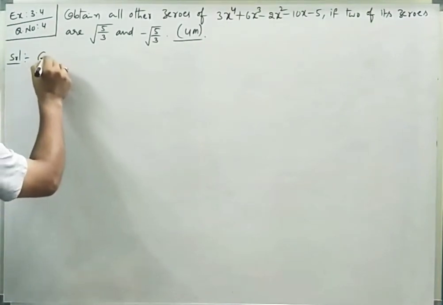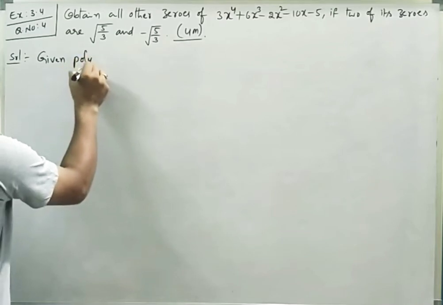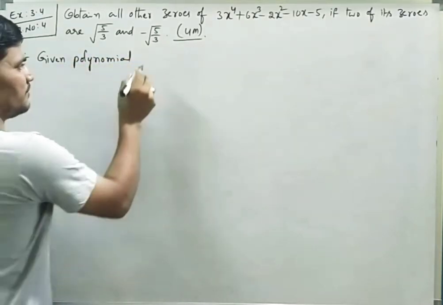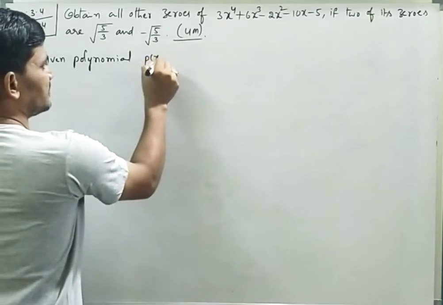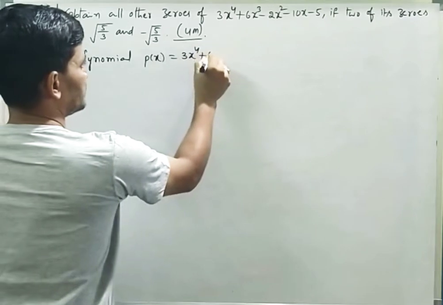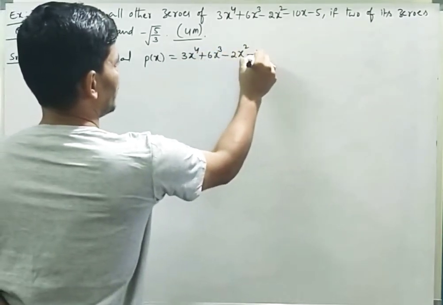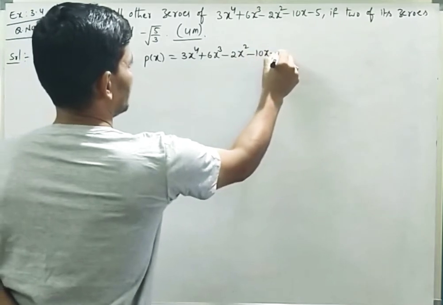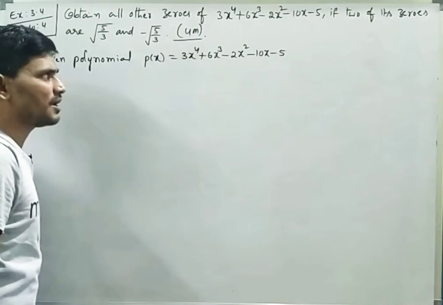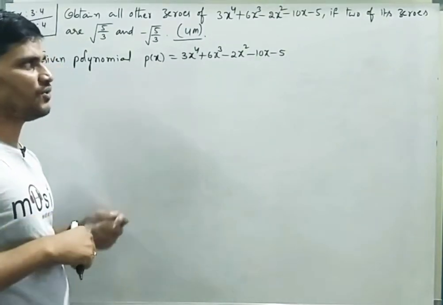Given polynomial, let it be p of x is equal to 3x power 4 plus 6x cube minus 2x square minus 10x minus 5. If you can see, the degree of the polynomial is 4, so it would have at most 4 zeros.